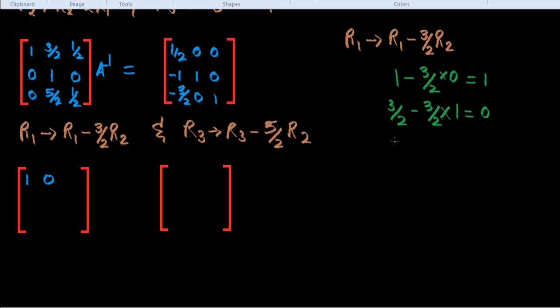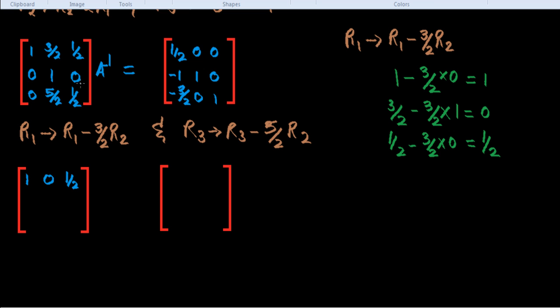Here you see 1 by 2 minus 3 by 2 into 0, so it would become 1 by 2.